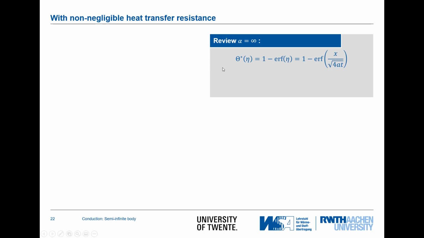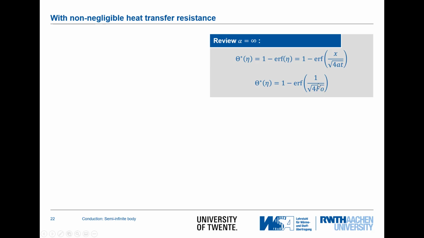We had, for the case without severe heat transfer resistance, our solution looking like that. We have the dimensionless temperature being 1 minus the error function of the parameter eta. And we can rewrite this here, because what we see here, x divided by the square root of at, is just a Fourier number.